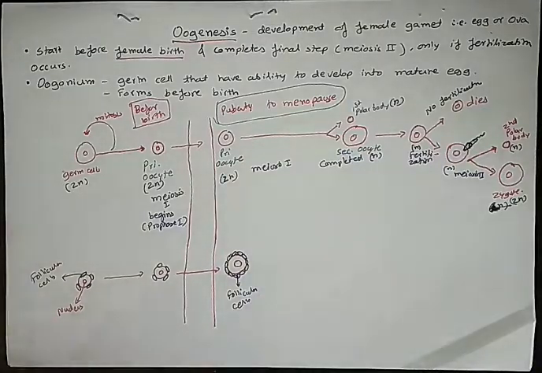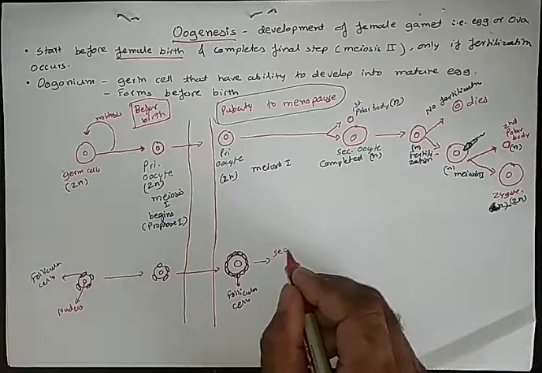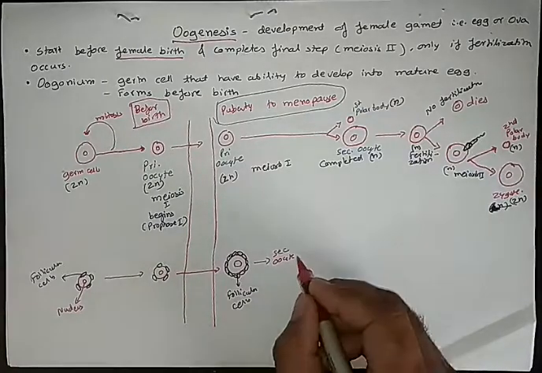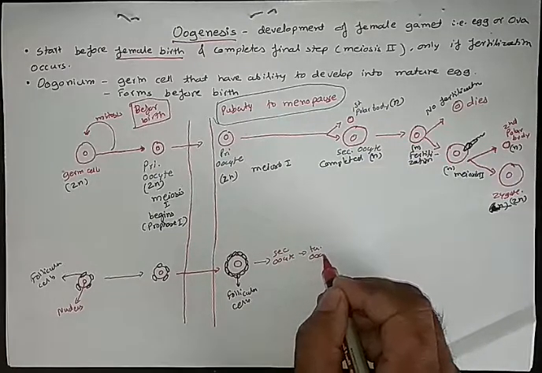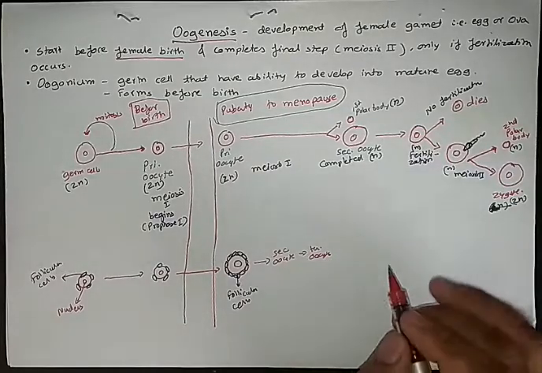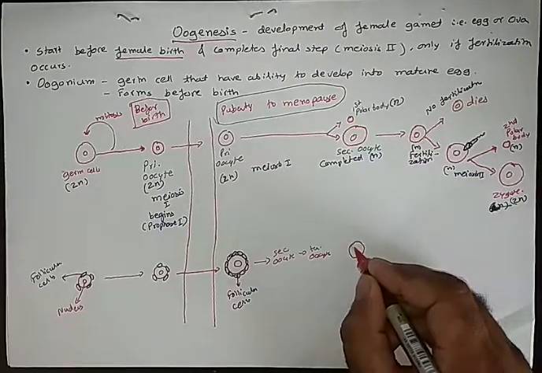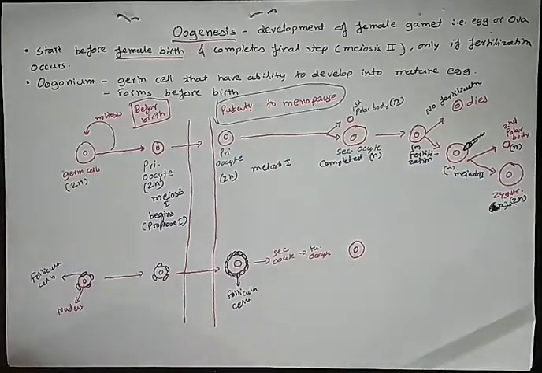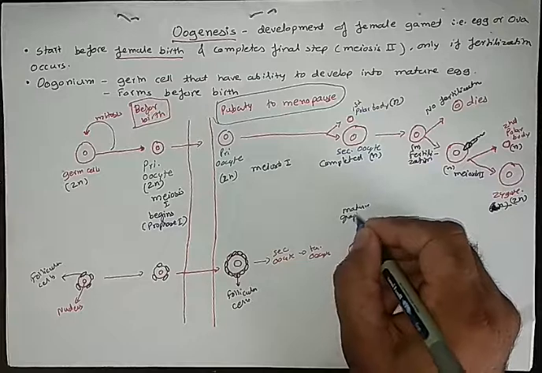Now this primary oocyte gets converted into the secondary oocyte, then the tertiary oocyte, and after that it converts into the mature Graafian follicle.